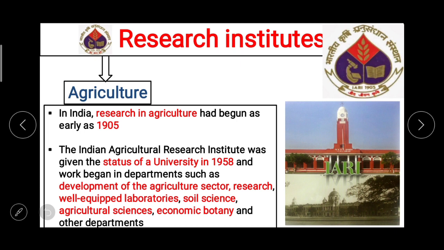agriculture. In India, research in agriculture had begun as early as 1905. The Indian Agricultural Research Institute was given the status of a university in 1958 and work began in departments such as development of the agricultural sector, research, well-equipped laboratories, soil science, agricultural science, economic botany and other departments.